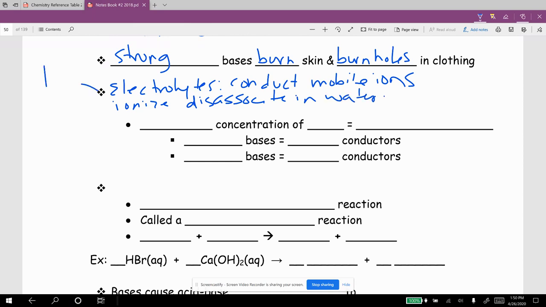Remember, electrolytes: acids, bases, and salts. Right? ABS. Electrolytes give you ABS: acids, bases, salts. And remember, a salt is an ionic compound, a metal plus a nonmetal.